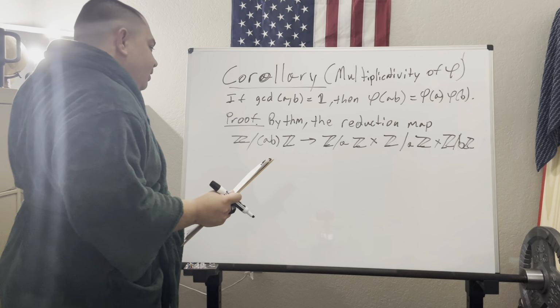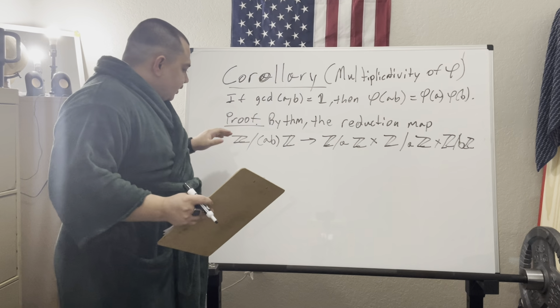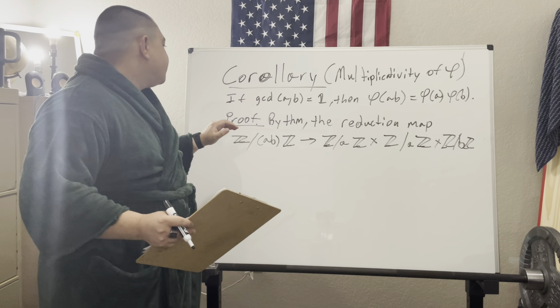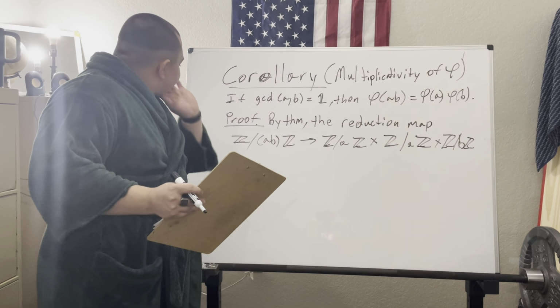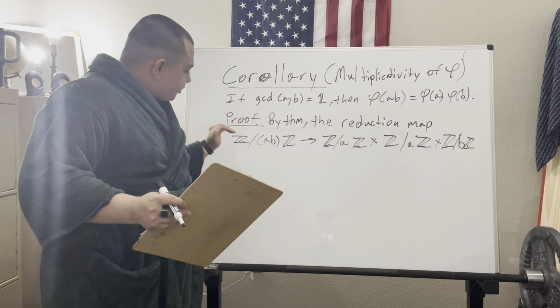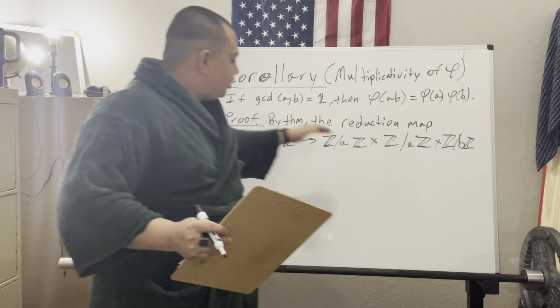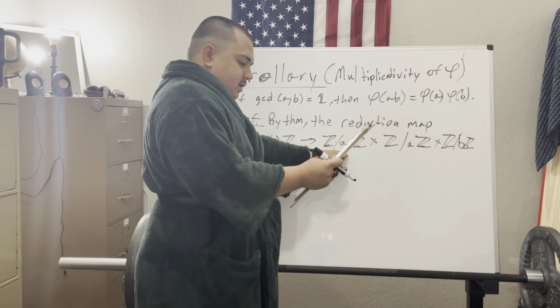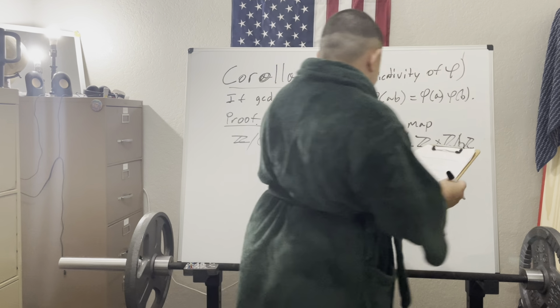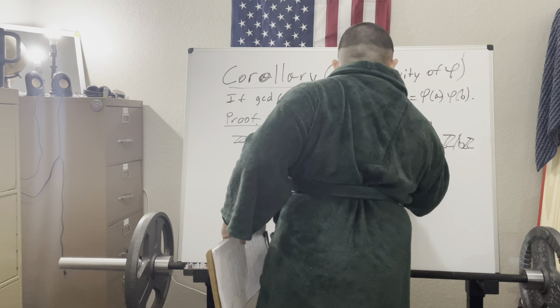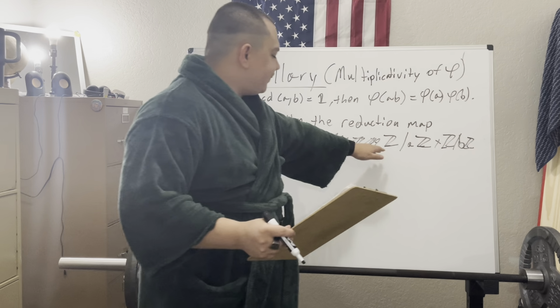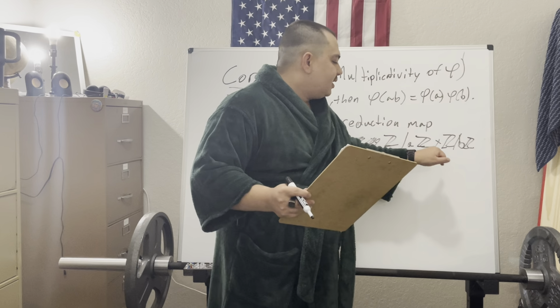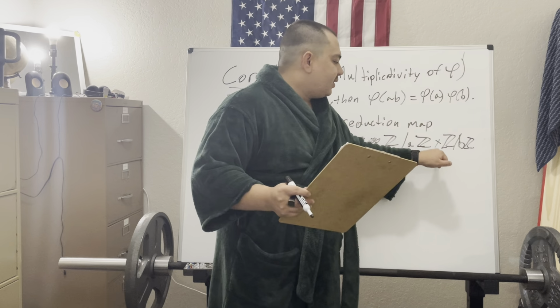Okay, by the theorem, the reduction mapping from the integers over AB integers to the Cartesian product of the integers over AZ and the integers over BZ.